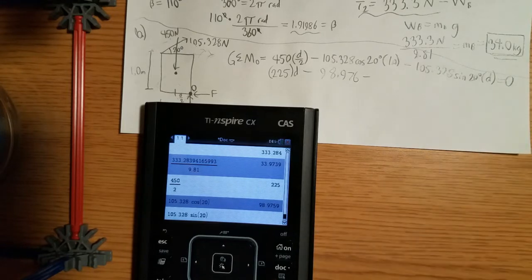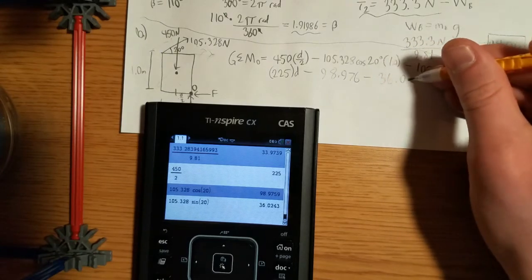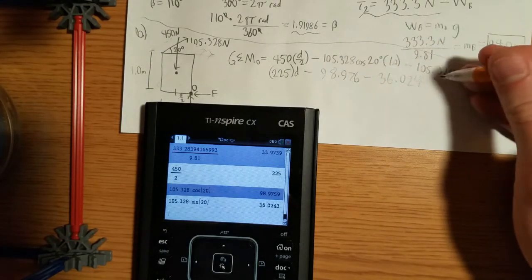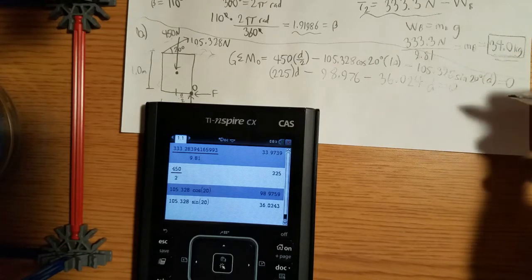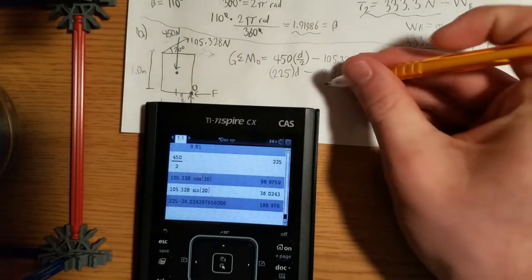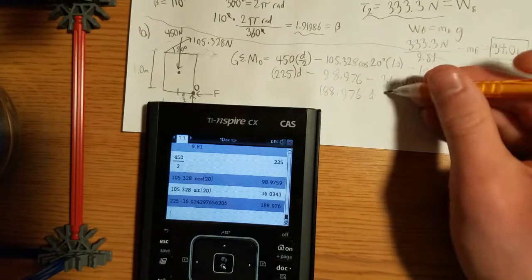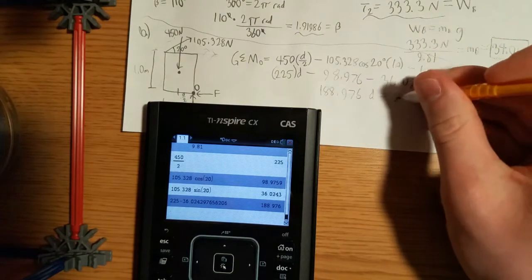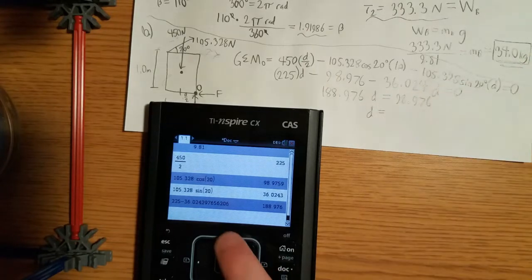That's times d, so we don't need to put that into the calculator. 36.024, let's say that, d is equal to 0. And then we have to do some more algebra. We'll take 225 minus that, minus, we got 188.976, d is equal to, and then we'll just add this to the other side, 98.976. Therefore, d is going to be equal to, I'm just going to get up in my calculator.